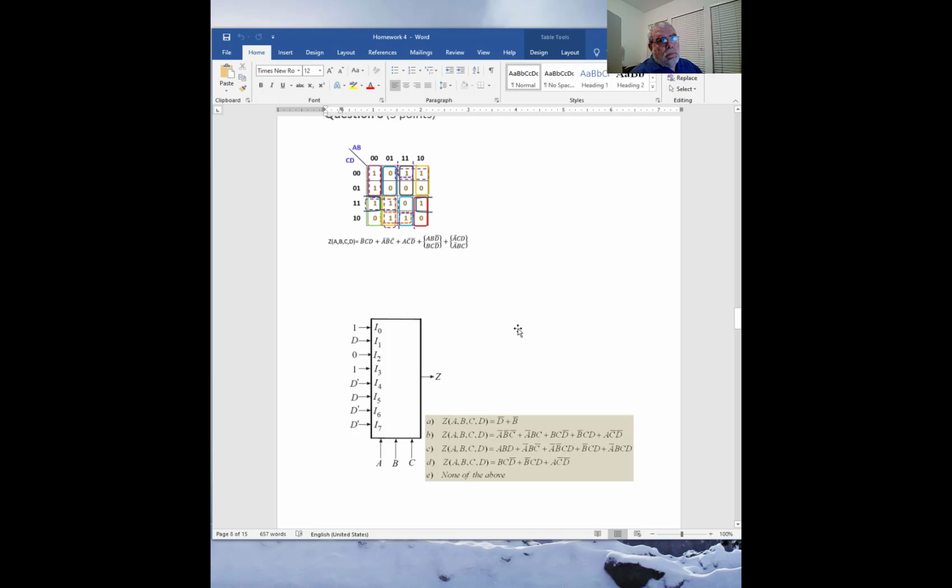Question 8 is a surprise. It's another multiplexer. This is the multiplexer, and we're giving several options for the function that it works. So the very same approach: you draw the K-map with all the possible sections for that.